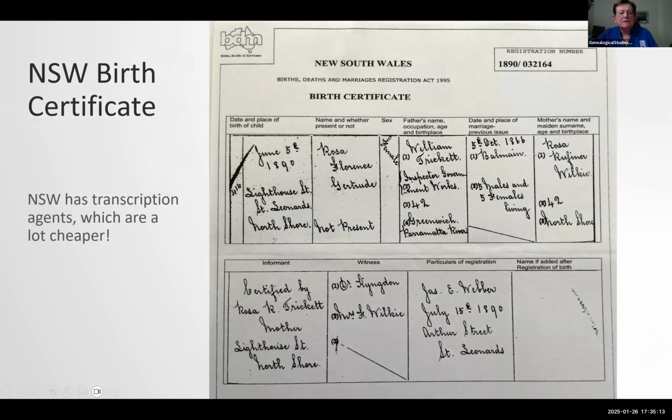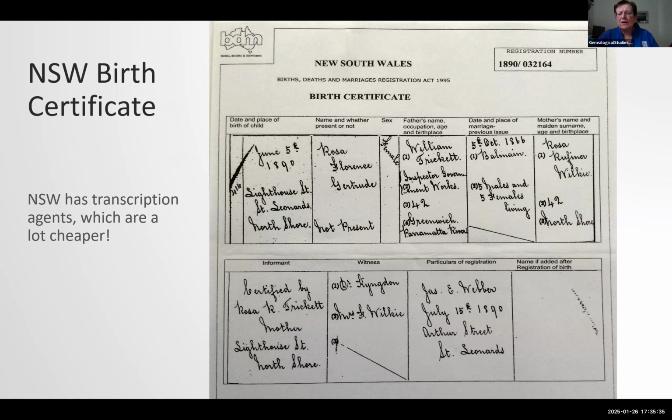Okay, so we start with birth, marriage, and death certificates. And here I've got a New South Wales birth certificate, and this belongs to a child called Rosa Florence Gertrude Trickett, who was born on the 5th of June 1890.